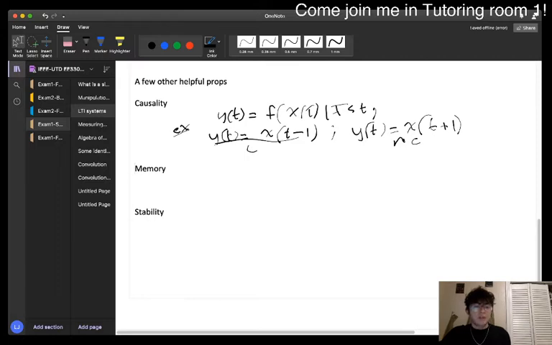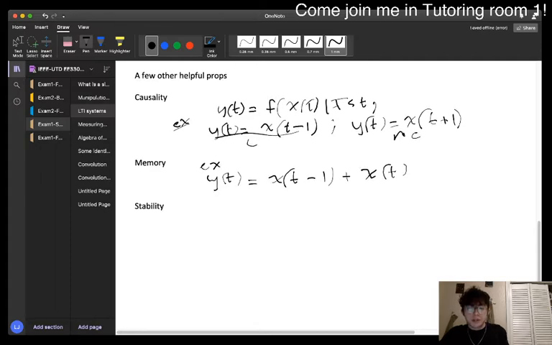So if our system has memory, then y of t is going to depend on other values than the present. Going back to our examples, what if we have x of t minus 1 plus x of t? This system is going to have memory because it depends on t minus 1 and t, more than one value.